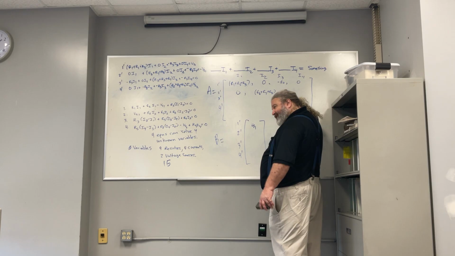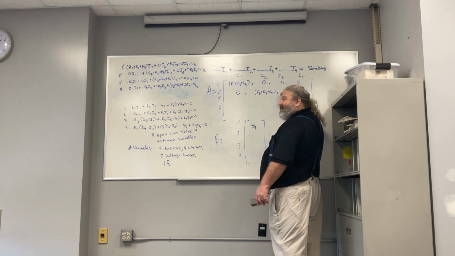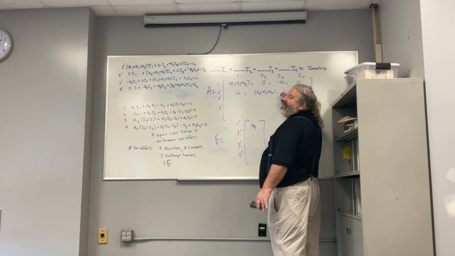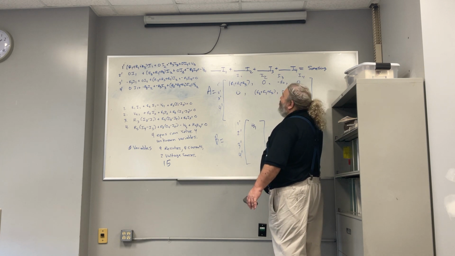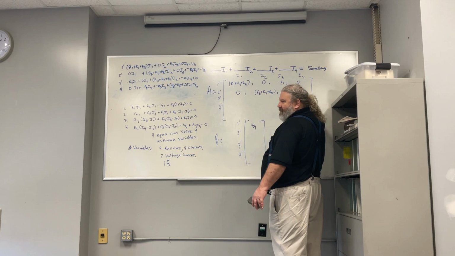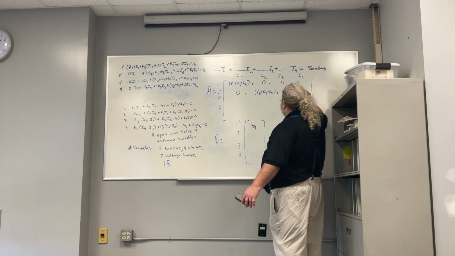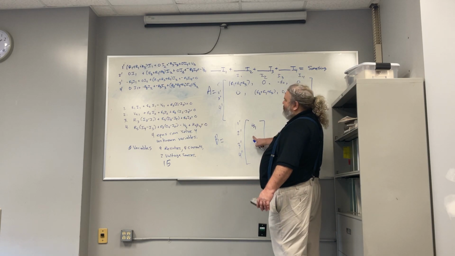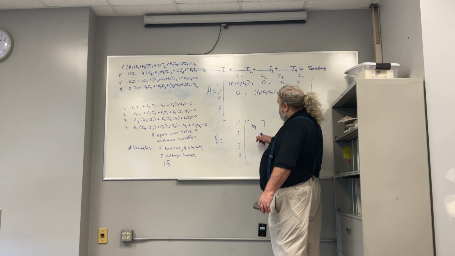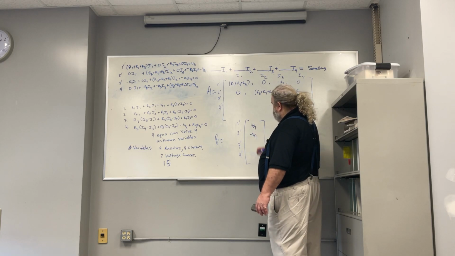So what's the coefficient? I3. No, that's the variable. Coefficient's the number in front of the variable. What is it? Oh, 0. 0. And then for I4? Negative R8. What's the solution? 0. No. What's on the right-hand side of the equation? Negative VS1. Okay?